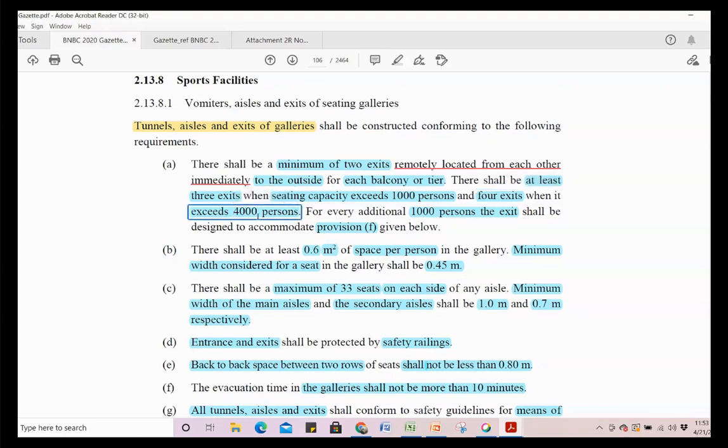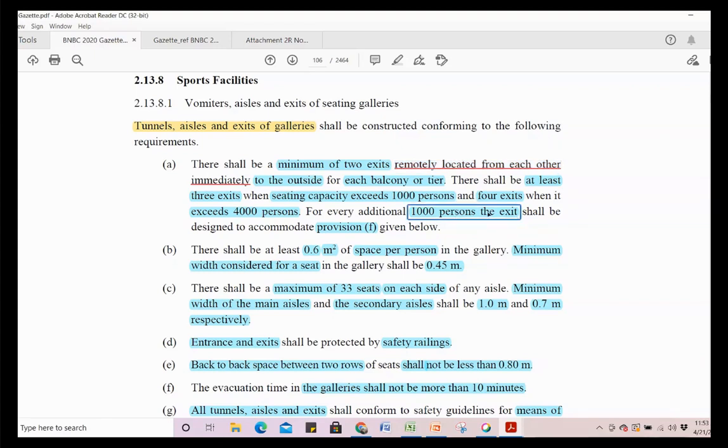So when the occupant load is higher, we need to create more and more exits, and of course they have to be located remotely from each other so that they can facilitate the emergency evacuation when needed.